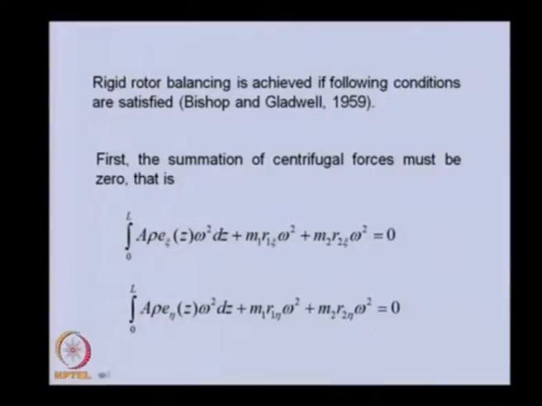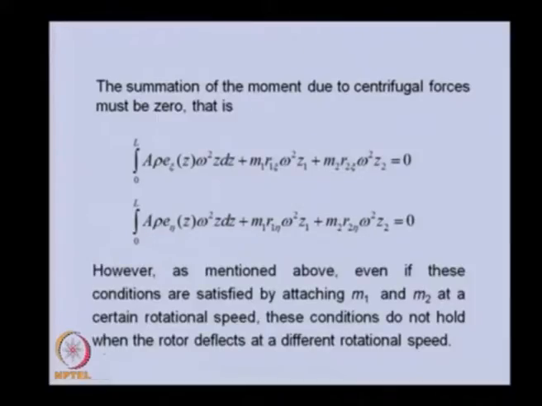Apart from the centrifugal force, the moment about any point of the centrifugal forces, because of the continuous variation of the eccentricity as well as of the correction masses, should also be balanced in both planes. So in the xi z and eta z planes, not only the force but also the moment should be 0 for the rigid rotor balancing case.